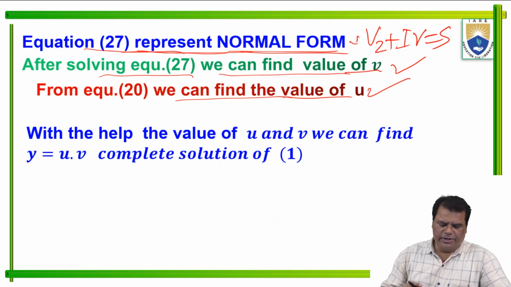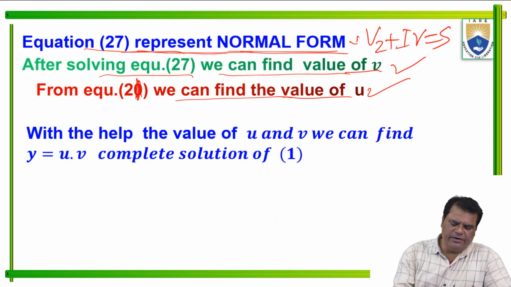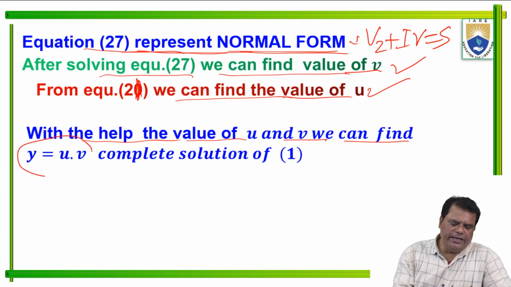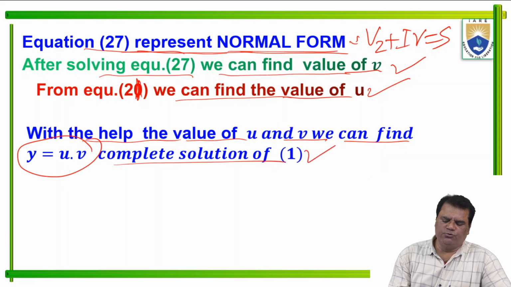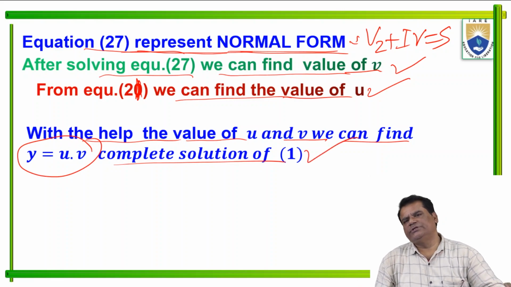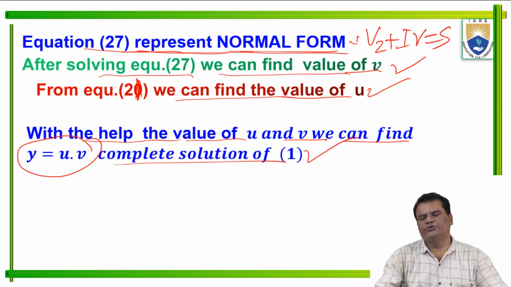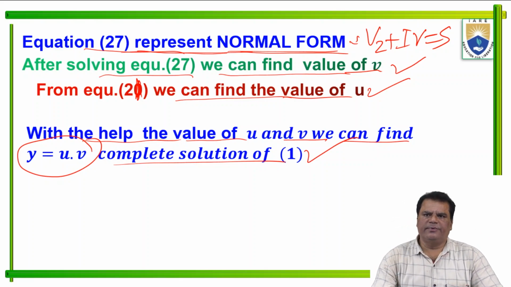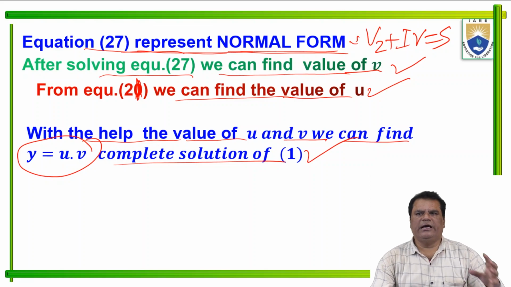From equation 21, we can find the value of u. With the help of the values of u and v, we can find y equal to u into v, the complete solution of equation 1. So this is the procedure to solve an ordinary linear differential equation of second order with variable coefficients with the help of the normal form.